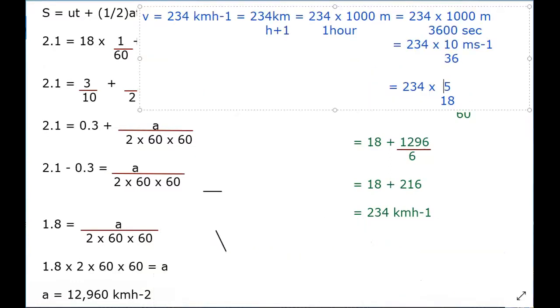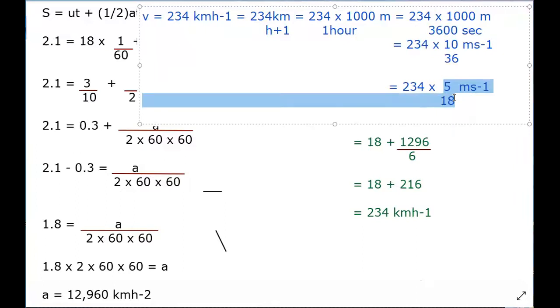So some students do something like this. Whenever they are asked to convert kilometer per hour into meter per second, they simply multiply the kilometer per hour velocity by 5 by 18. Who has heard this earlier?